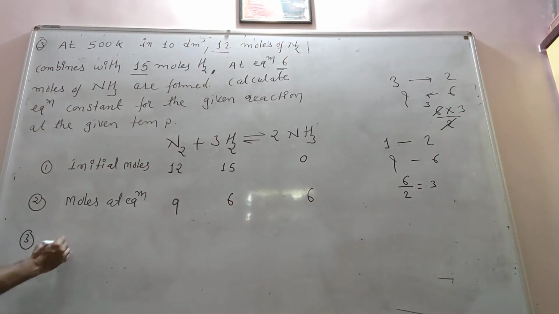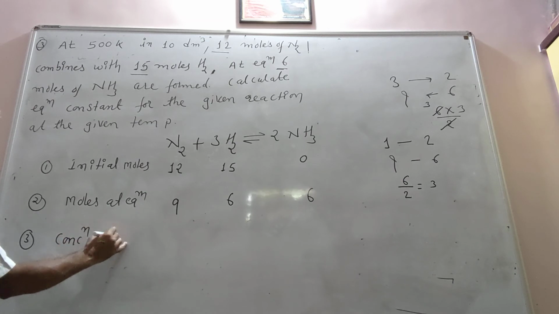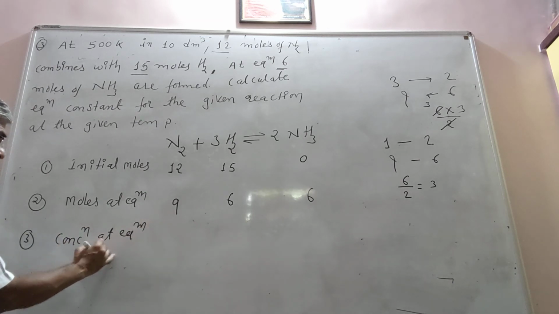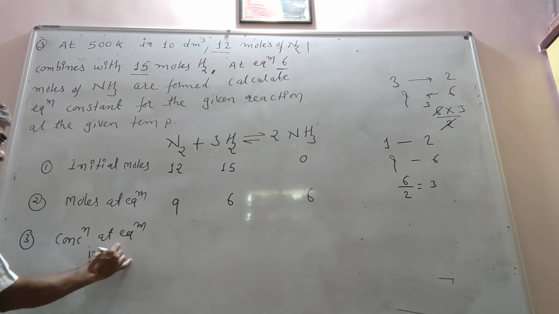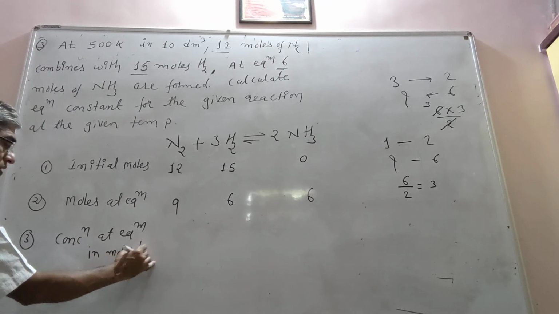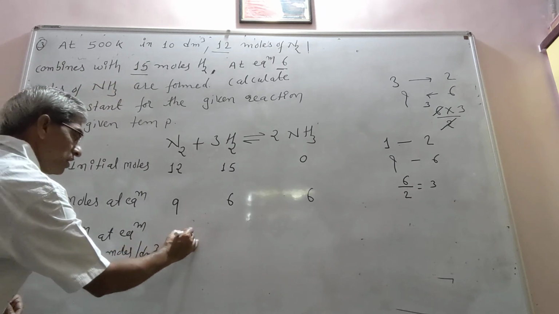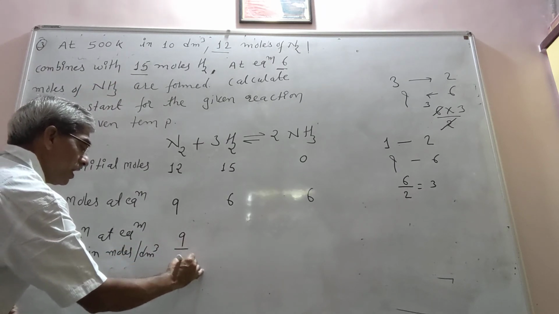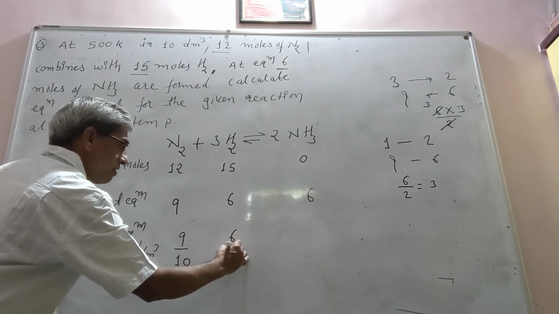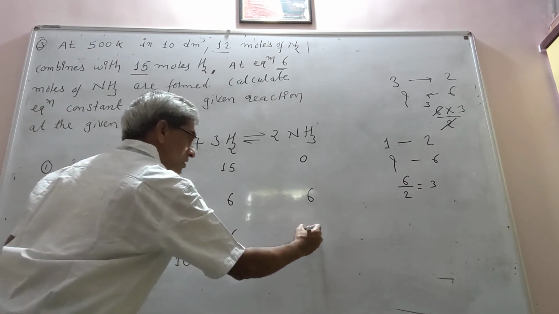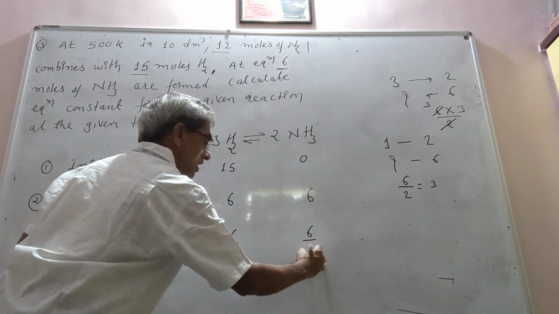Then point number 3. Concentration at equilibrium in moles per dm cube. Dm cube is 10. 9 divided by 10, 6 divided by 10, 6 divided by 10.